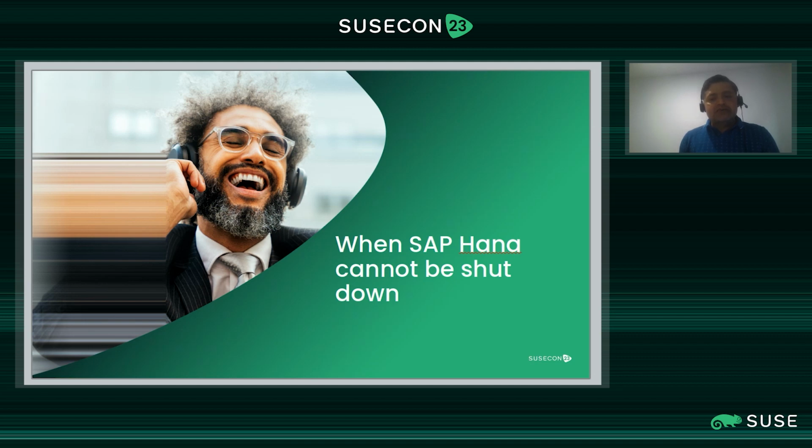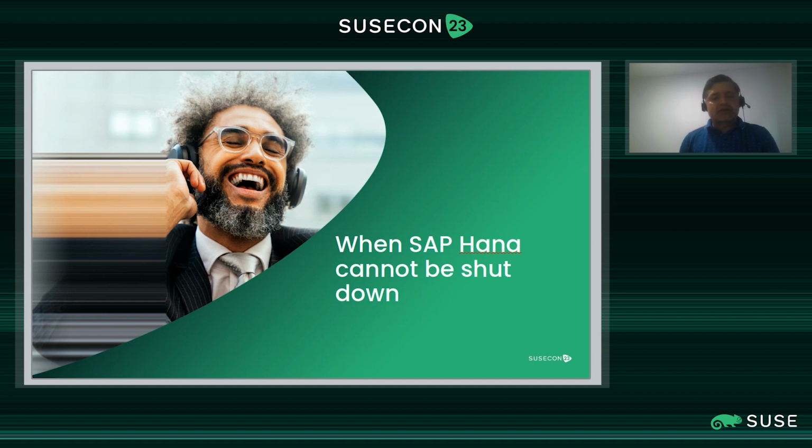The first scenario is when we do not want the HANA database to be shut down. Means there is maybe a newer SAP kernel, or a newer patch, so we just want to do a rolling kernel switch or something like that.